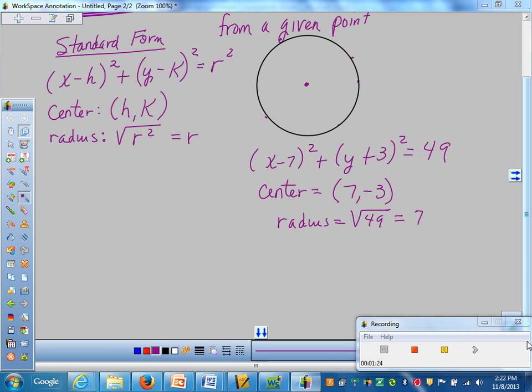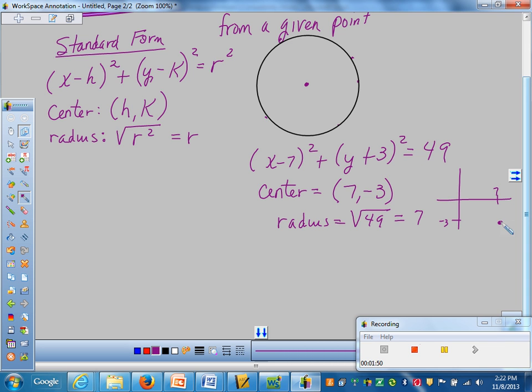I'm not going to actually pull up graph paper to do this, but if I said graph it, how would you graph a circle? You would plot the center, and then go 7 up, down, left, and right. If my radius is 7, can't you just count 7 boxes in all 4 directions? Then you attempt to draw a semi-round circle. If I can't draw perfect circles, I don't expect you to either.